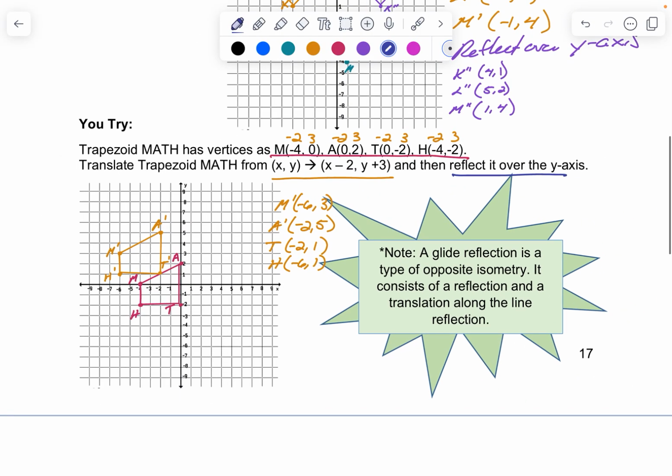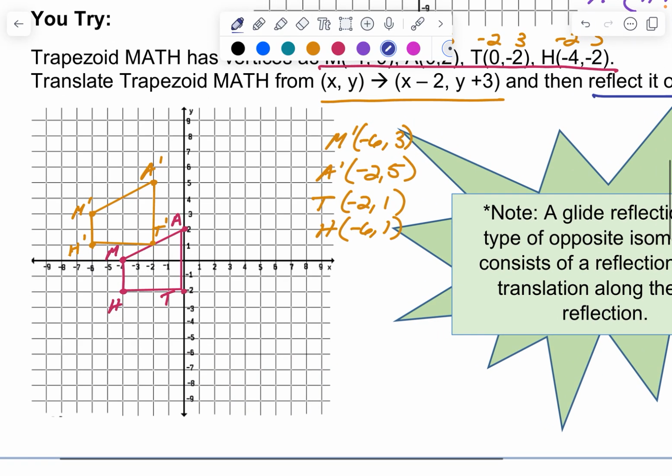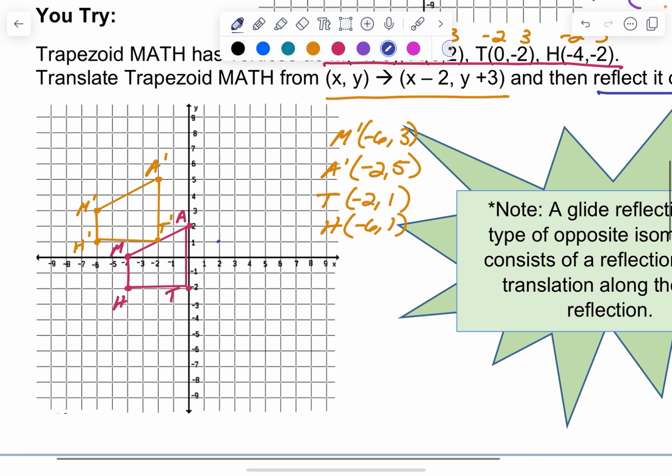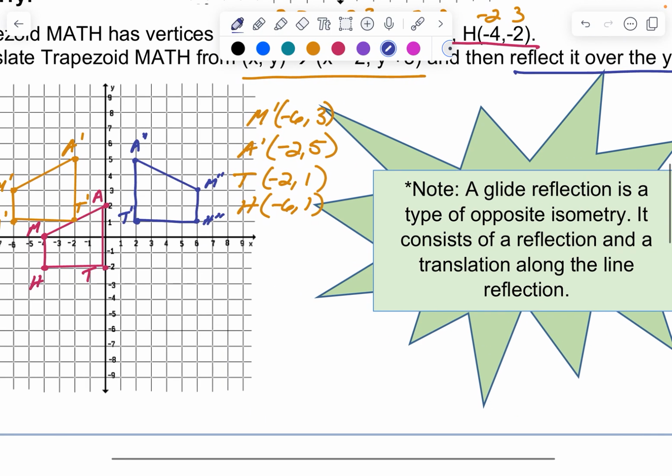So remember that y stayed the same, x has changed. So reflecting over the y-axis, here's going to be my T double prime. Here is going to be my H double prime. My M double prime. And my A double prime. So when we reflect over the y-axis, remember, x changed, but not the y.